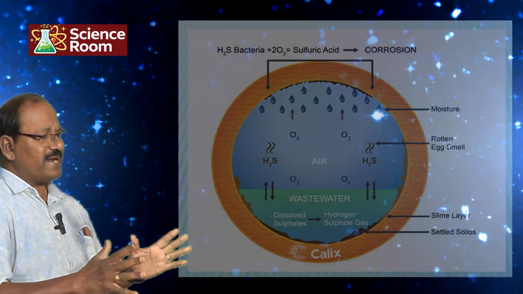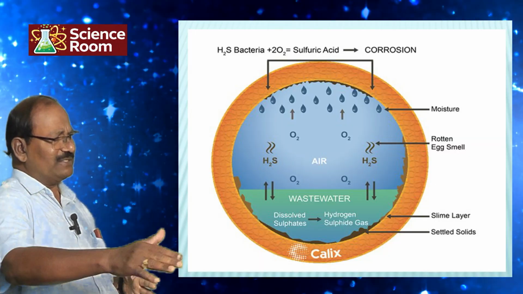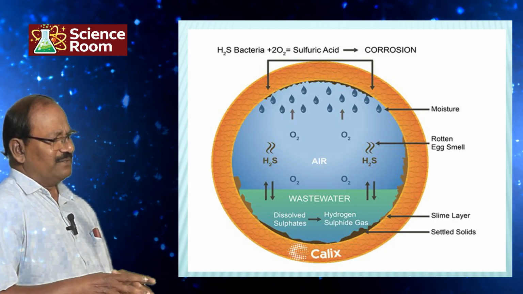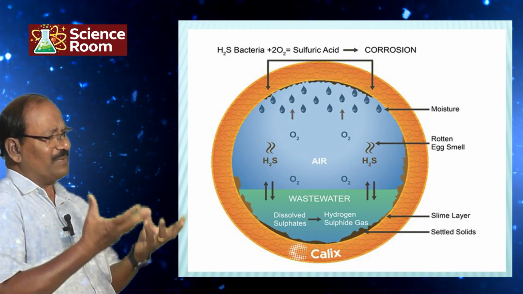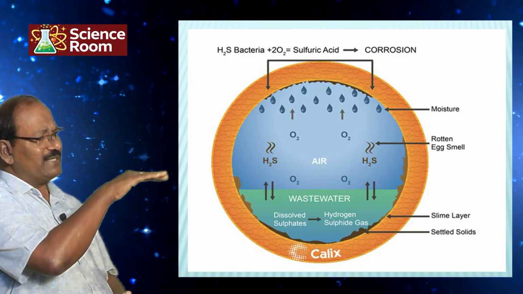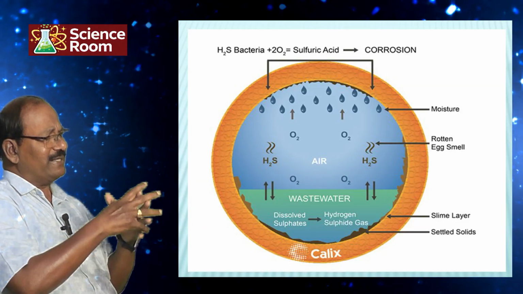structures. And this is a drain with a circular cross section. You can see the drainage water when it is going. Microbial activity will be more in that wastewater. So what happens is that it releases vapor, hydrogen sulfide, which mixes with the oxygen present above the water and goes up to the wall, getting condensed.